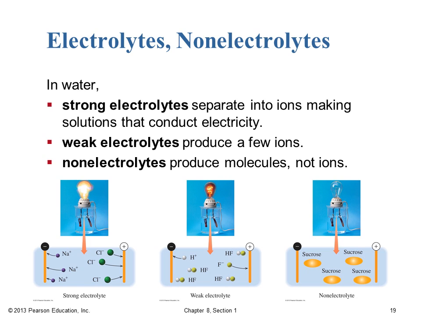In this case, they're looking at sucrose, or sugar. We know it dissolves in water, but because it does not dissolve into its ions, it's going to stay as a molecule and not allow charge to flow through the solution, and so the light bulb will not light up.